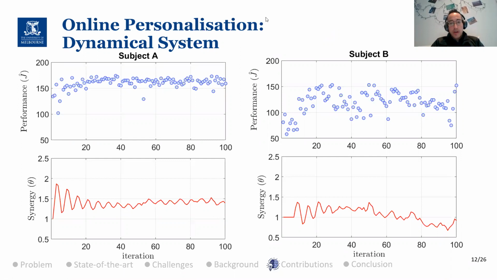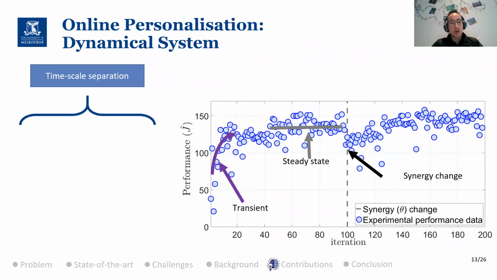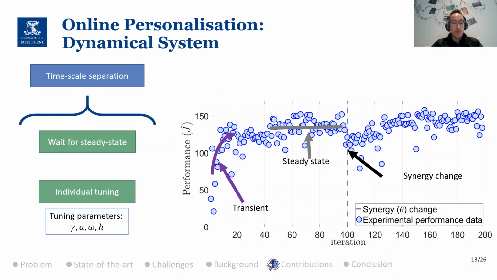Now, obviously, there are ways that we can handle dynamical systems with extremum seeking. One is thinking about timescale separation, where we either wait for the steady state or we tune the algorithm for each particular person to address the differences in learning dynamics. Now, why wouldn't we want to do this?